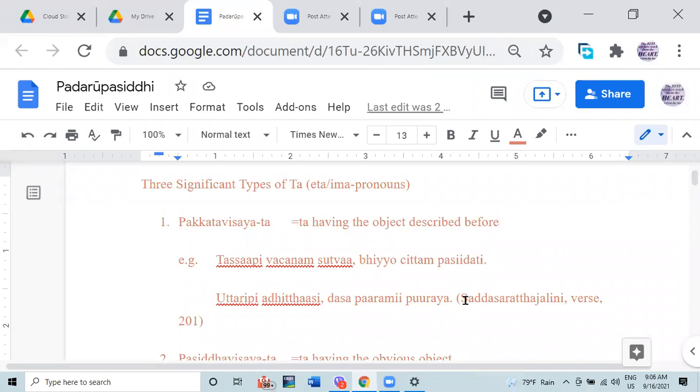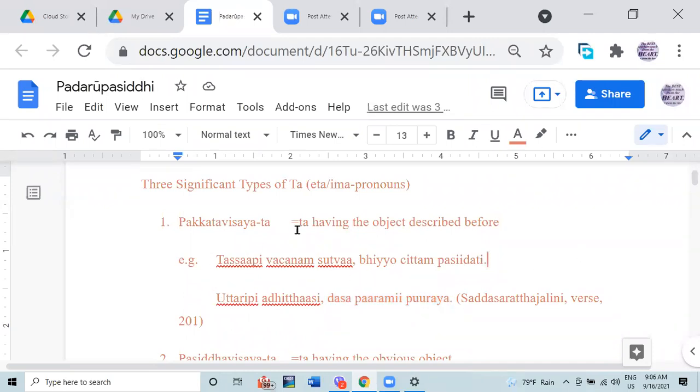So the ten perfections, ten paramis, have been fulfilled. So he determined more, adhitasi, after fulfilling ten paramis, ten perfections.